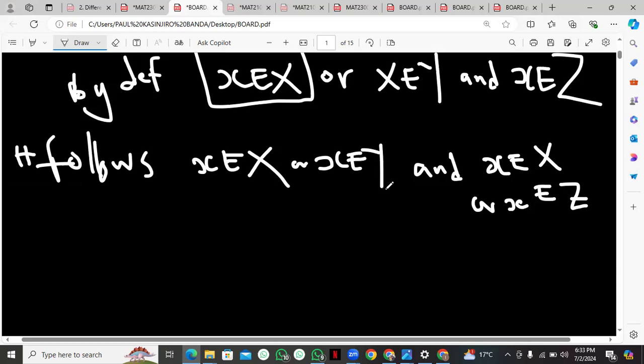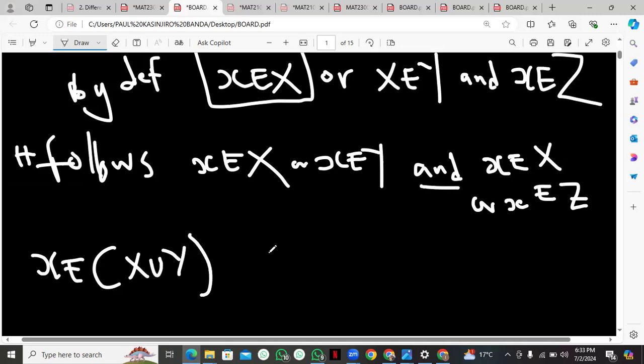Okay, so here what we have, since X is a member of this set X, and this X is a member of this set Y, okay, then it just means that X is actually a member of X, okay, and then this or here becomes the union, okay, and then the Y, and then the and in between there becomes the intersection, okay, and then X is also a member of this X, and X is also a member of that set.